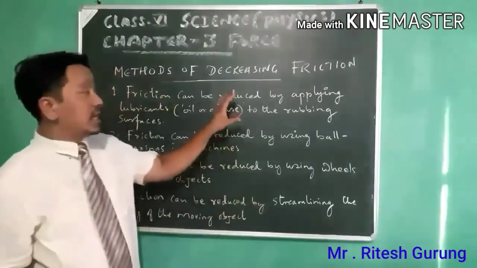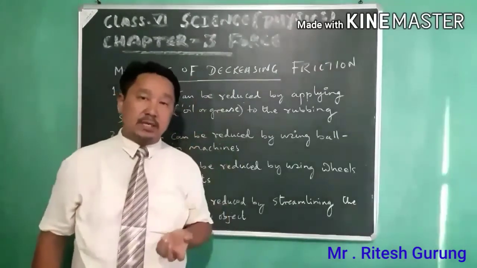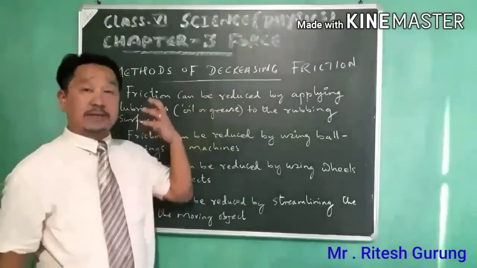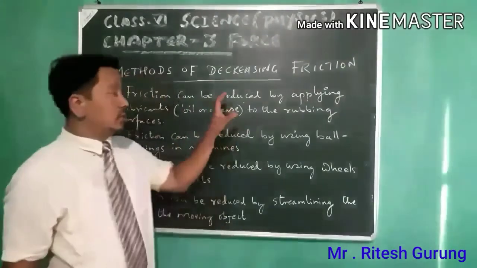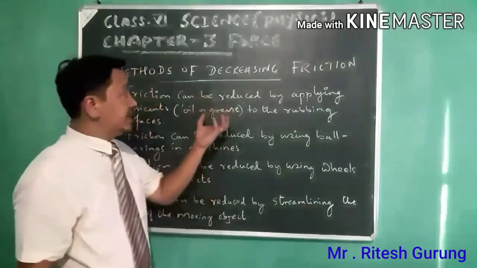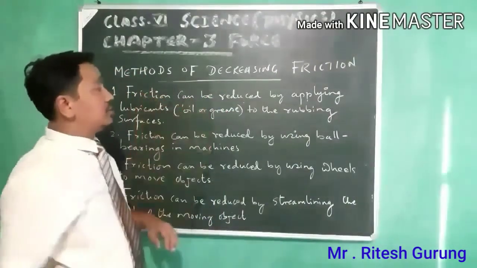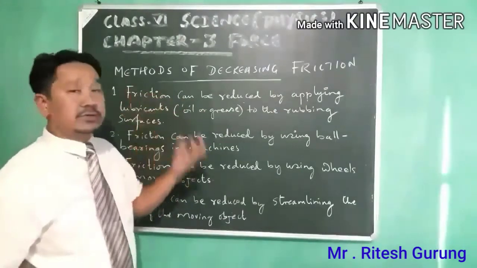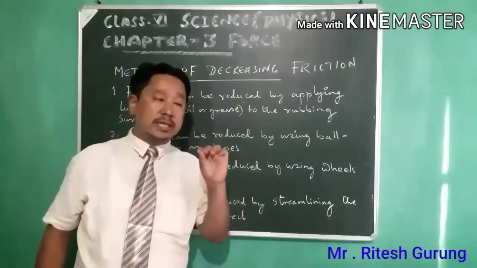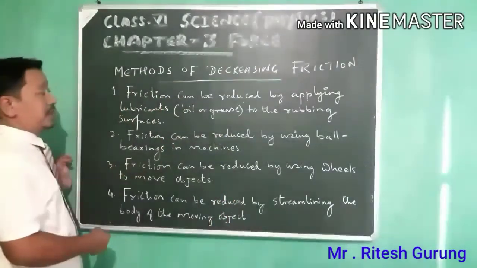That way the longevity of the machine also increases, and the efficiency of the work can also be achieved. This is how we can maintain the machine also. So that way we can reduce the friction and do the work with less effort very easily. So that is one method.